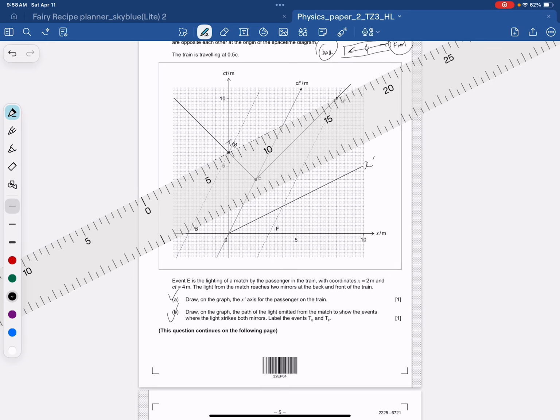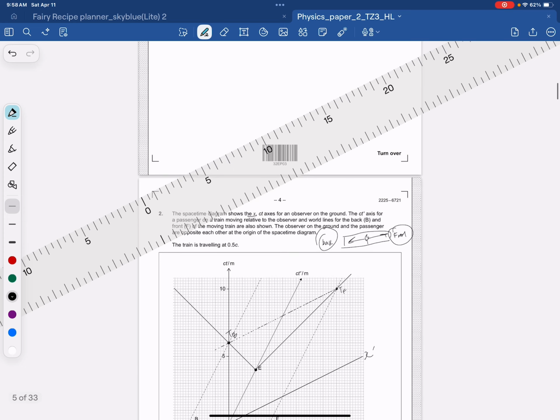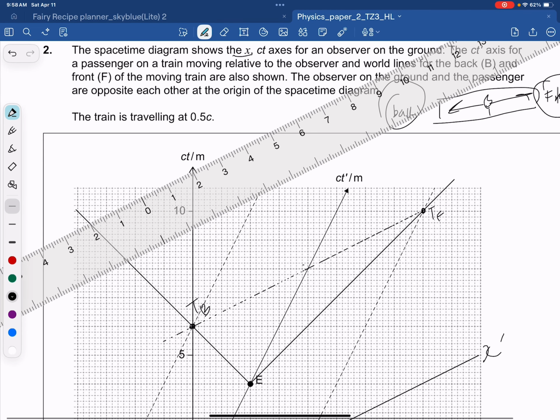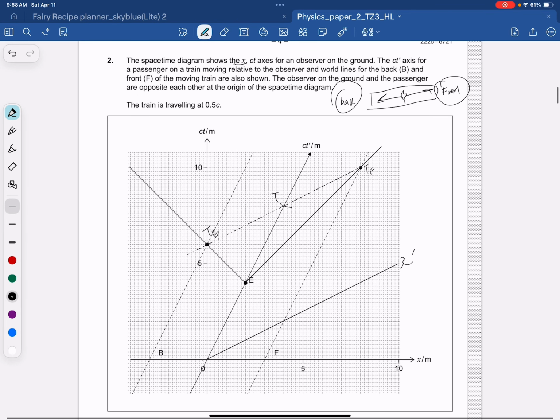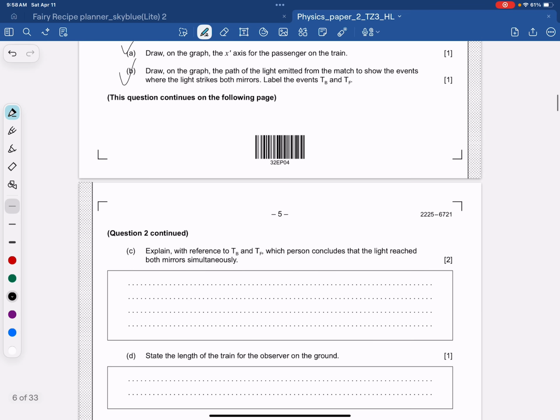Then we do the same thing for TF. And wow, we see that these two lines coincide on one point on the CT primed axis. Let's call this T. So we can tell from the space-time diagram that both events TF and TB happen simultaneously for the moving observer.